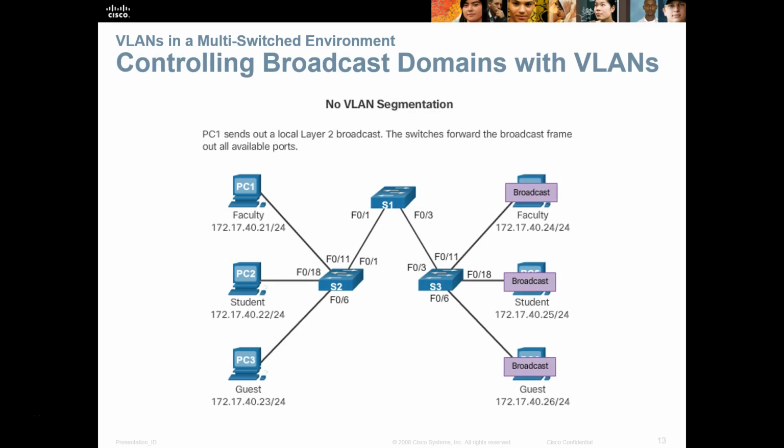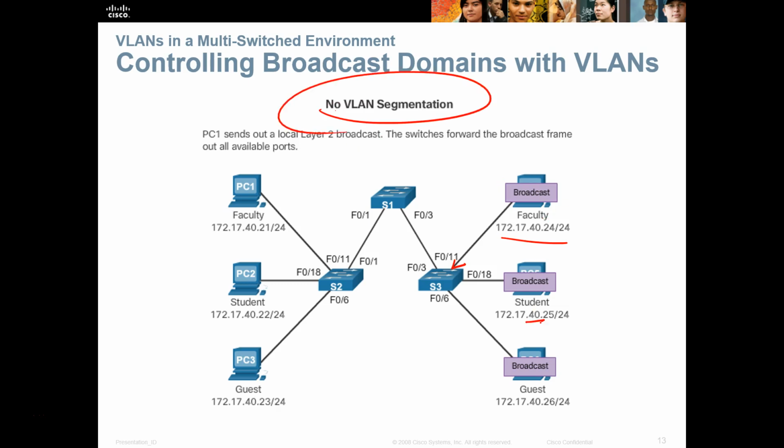Controlling broadcast domains with VLANs. So again, you have different VLANs. There's faculty, student, and guest. If a broadcast was to leave the faculty VLAN, it would enter this port. Oh, okay, so this is no VLAN segmentation.